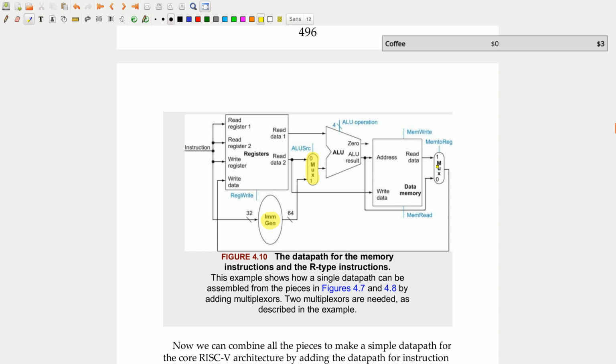We also need to add another multiplexer here. And this is going to determine, okay, so if it's an R-type instruction, we really want to bypass data memory. So we want to use this ALU result, and mem to reg is going to want to be 0, so we can just bypass this entire data memory structure. On a memory instruction, we want this mem to reg to be 1. That way, we get this read data to go back to the register file. So for something like a load.